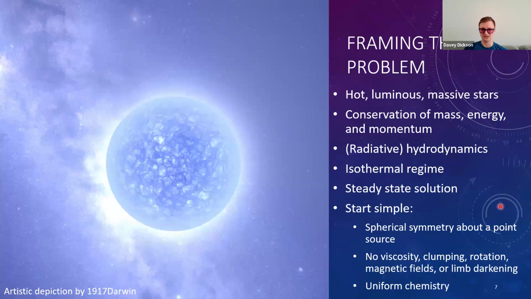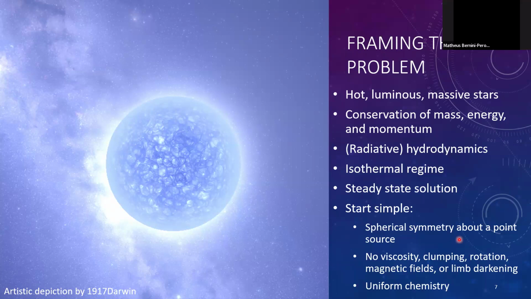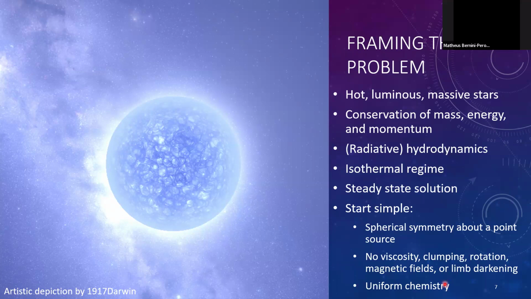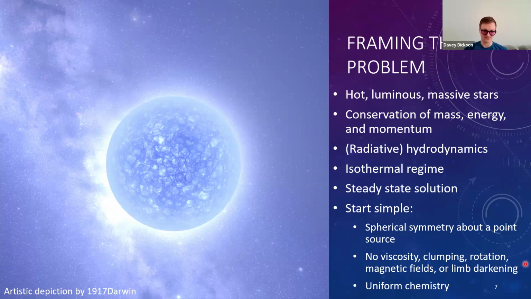So we're looking at the contribution of the star as if it was a point source in spherical symmetry. This is called the radial streaming approach, as it considers only that radial component contribution. And we're neglecting a lot of other complicated components to this, at least for the initial calculations.